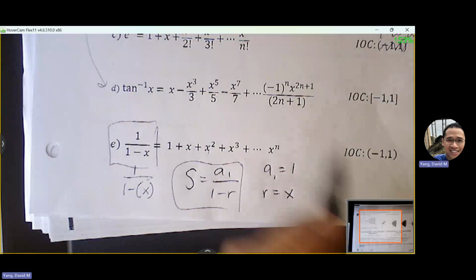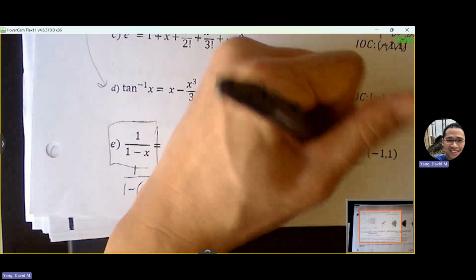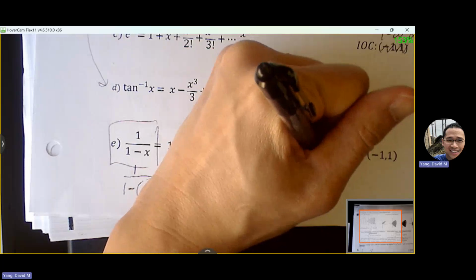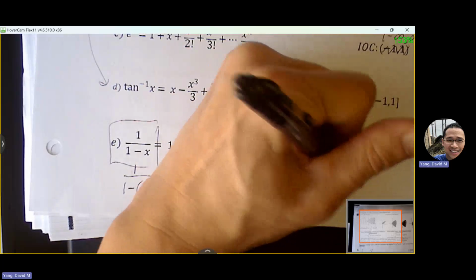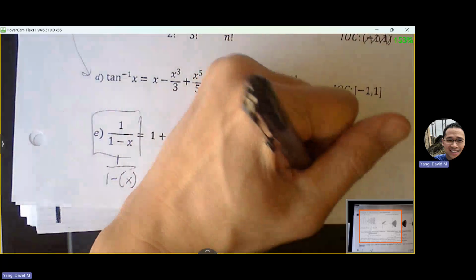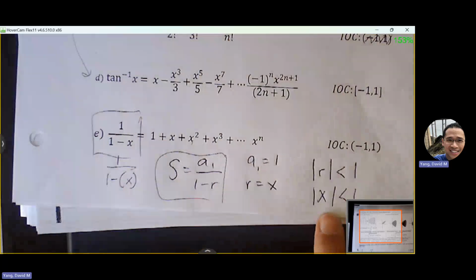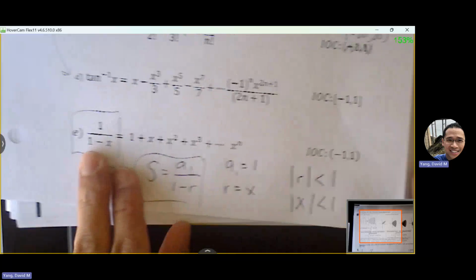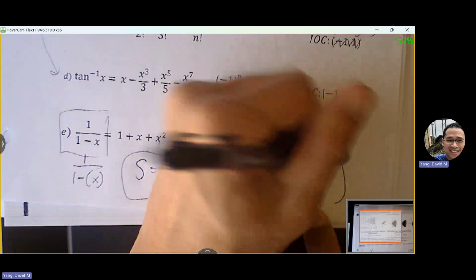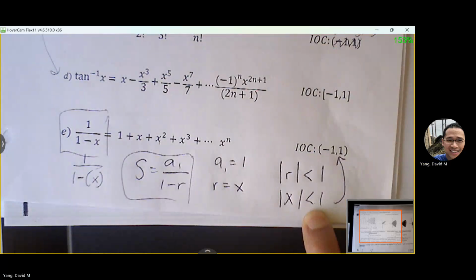And because of my interval of convergence, well, I know that for a geometric series that converges, absolute value of r must be less than 1. And if absolute value of r is less than 1, that means absolute value of x has to be less than 1. And so that is between -1 and 1. So basically, you're just taking your geometric series knowledge and adapting it into your interval of convergence.